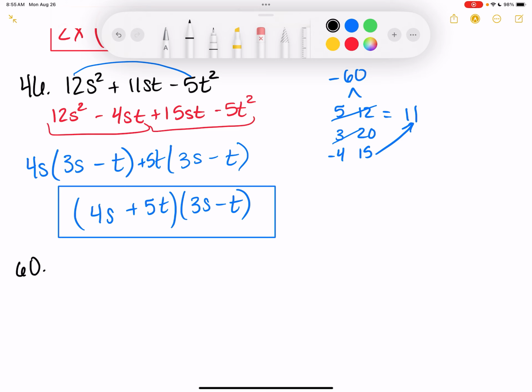I've got 16q squared minus 25. Does anybody recognize what this is? Perfect squares. Difference of squares, because there's 2 terms.